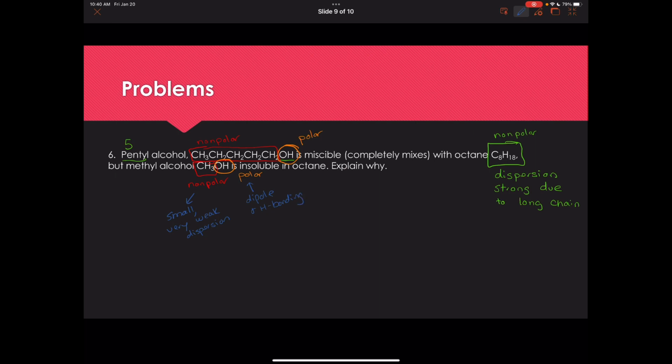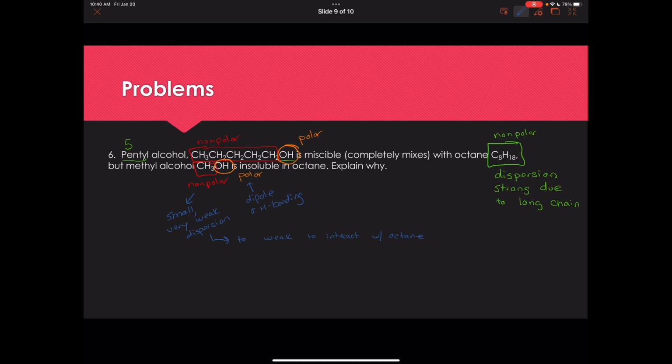So in that case, the methyl alcohol, its dispersion forces are too weak to interact with or break the dispersion forces of the octane. So remember, we've got to break octane's attraction to other octanes in order to mix.